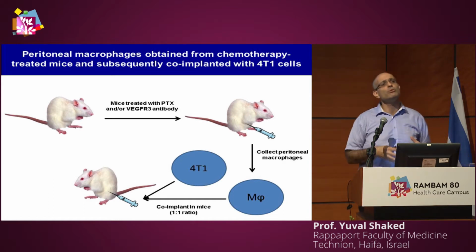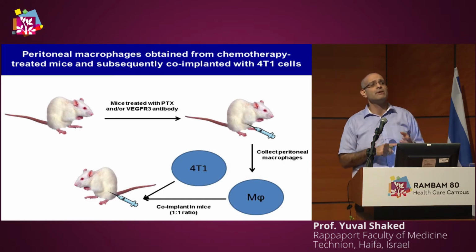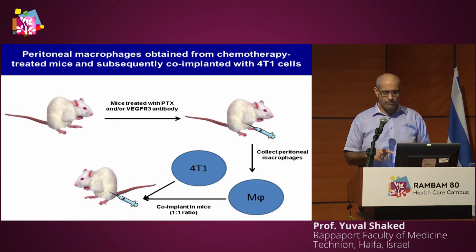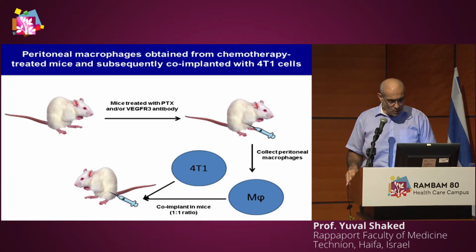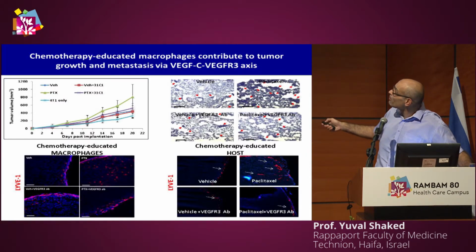So now the tumors in these mice will grow when the macrophages were either educated for chemotherapy or for anti-VEGF receptor 3 or for the combination of both. When we looked at the tumor, what we found is that tumors from mice where the macrophages were educated for chemotherapy grow faster than all the other tumors.